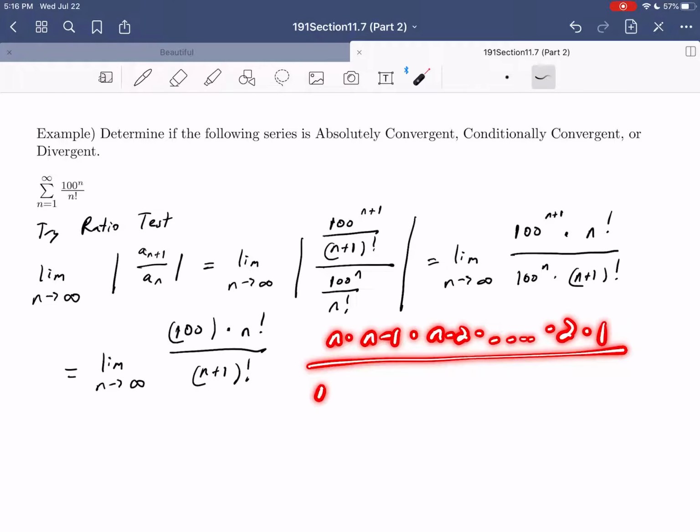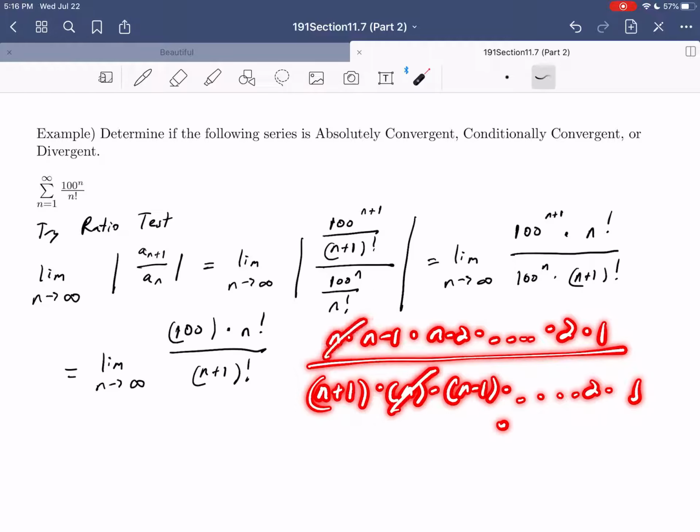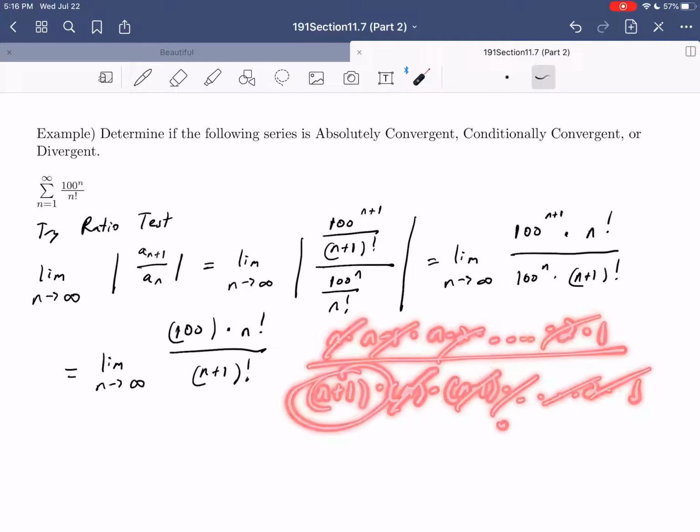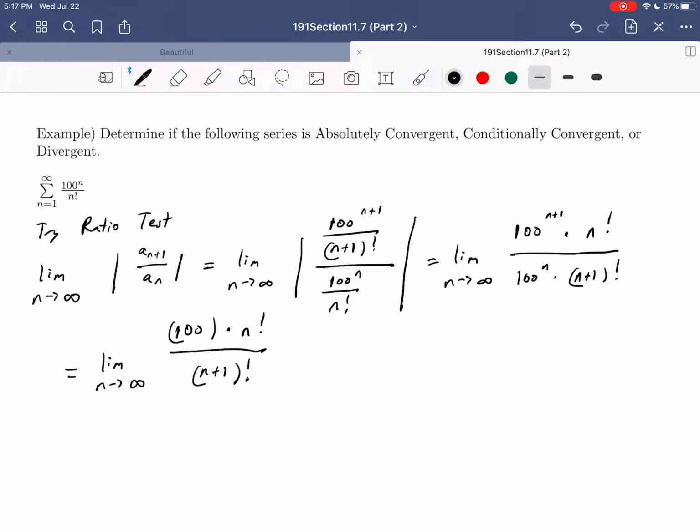And n plus 1 factorial is n plus 1 times n times n minus 1 times dot dot dot times 2 times 1. So these will all cancel except for the very first thing in this one, n plus 1. So this should simplify as the limit as n goes to infinity of 100 over n plus 1.